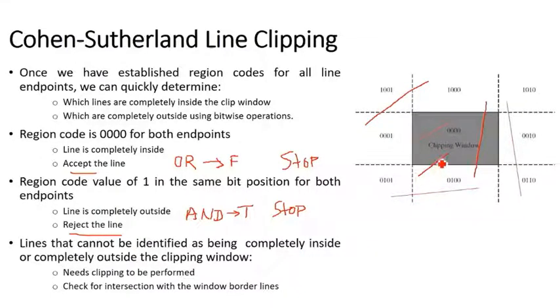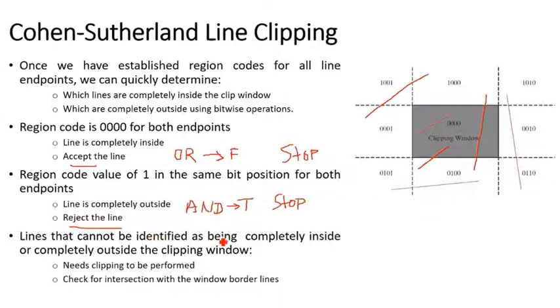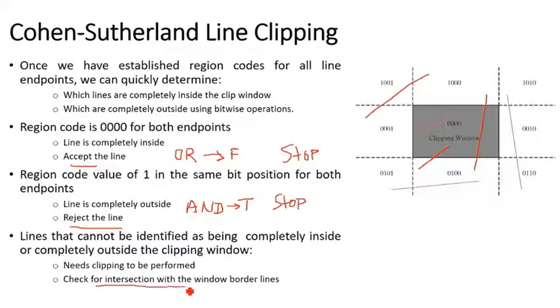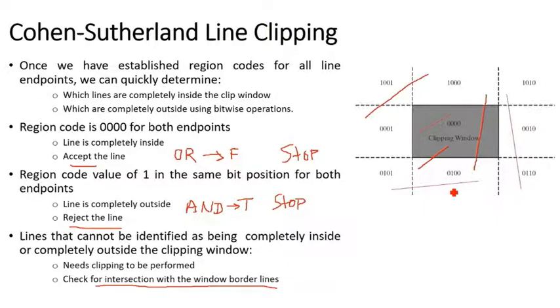So we need to further perform clipping, meaning we have to check for the intersection with the window border lines. To clip this line, I have to find the intersection with this window borderline at the bottom, and I have to find the intersection point here with the top line and here with the bottom line of the clipping window.